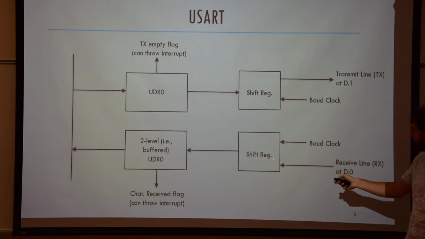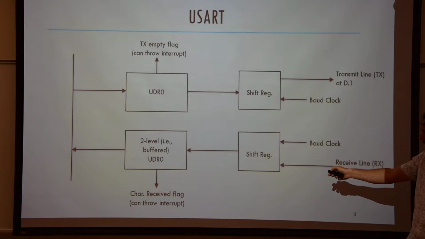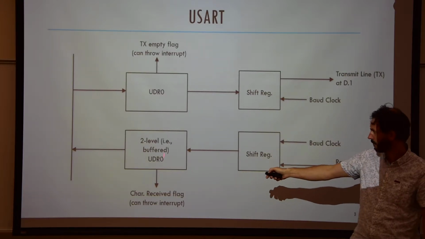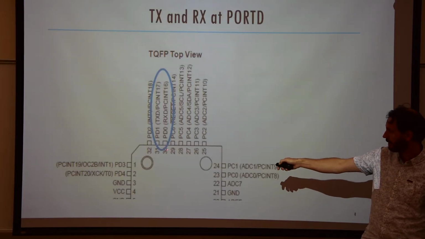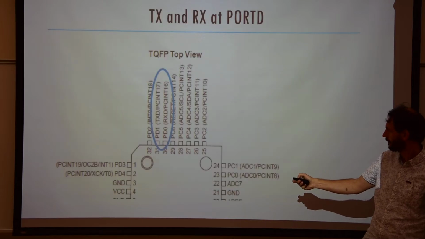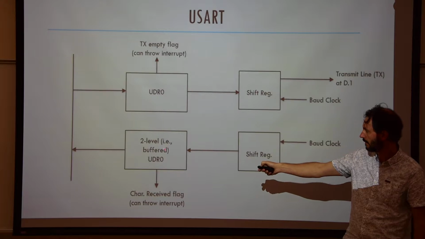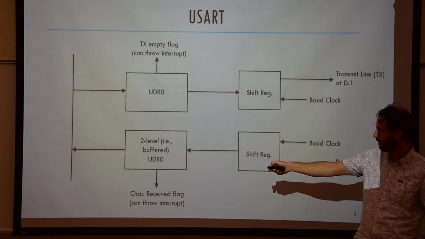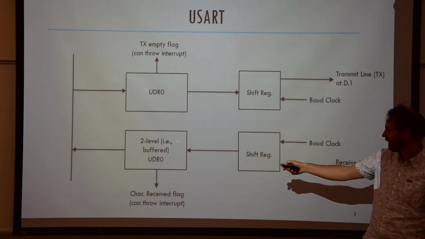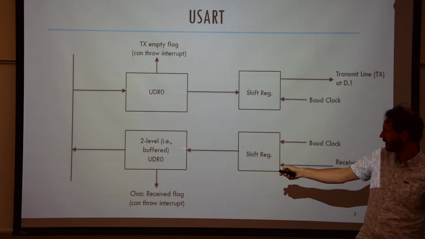Now for receiving, it comes into this register, right? It's being pushed in bit by bit, and we see here a two-level buffer, so 2 bytes, and you push in the bits from this register.